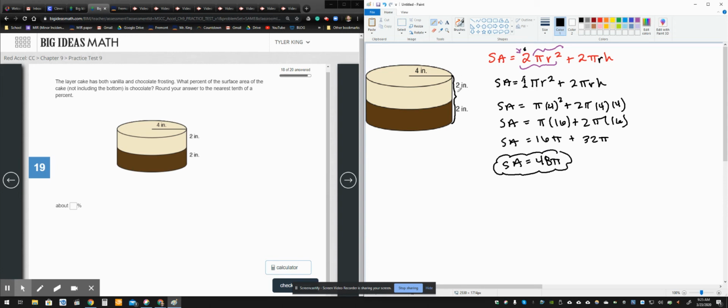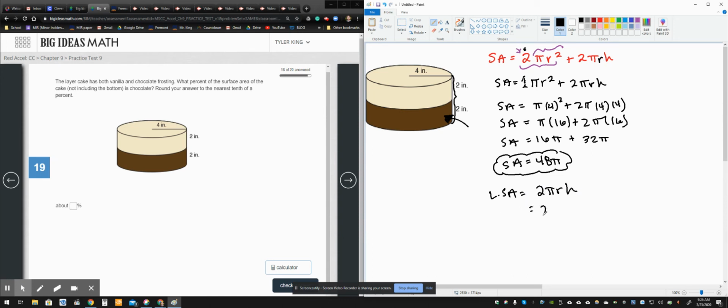I need to then find the surface area that is the chocolate piece. Now, the chocolate surface area is just going to be the lateral surface area. We're not including the bottom, and we're not including the top. We're looking at just what percent of the cake is going to be the chocolate piece. So we have to do just the lateral surface area for the chocolate, and that's just going to be 2 pi r h.